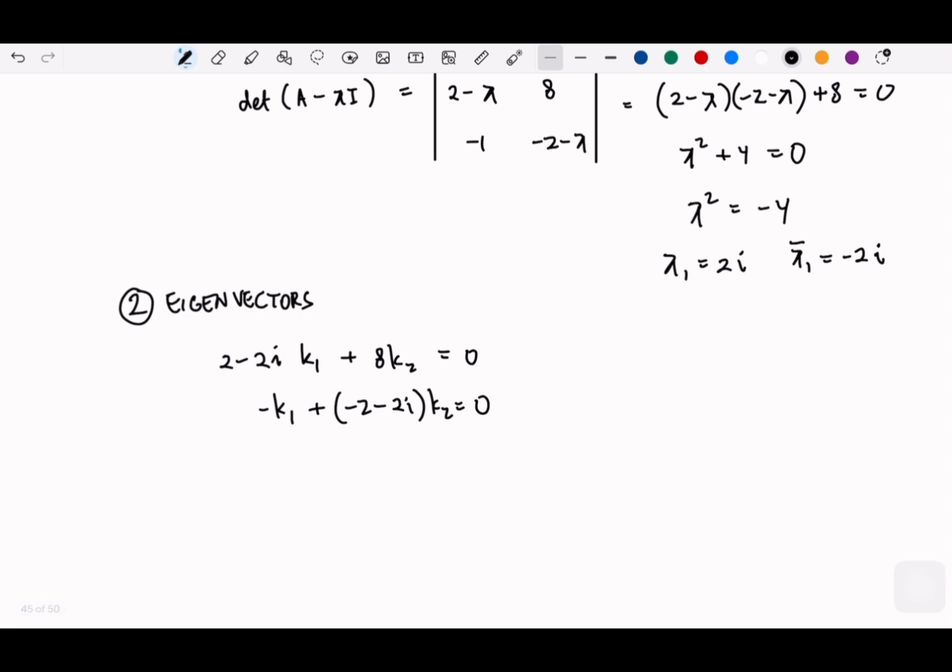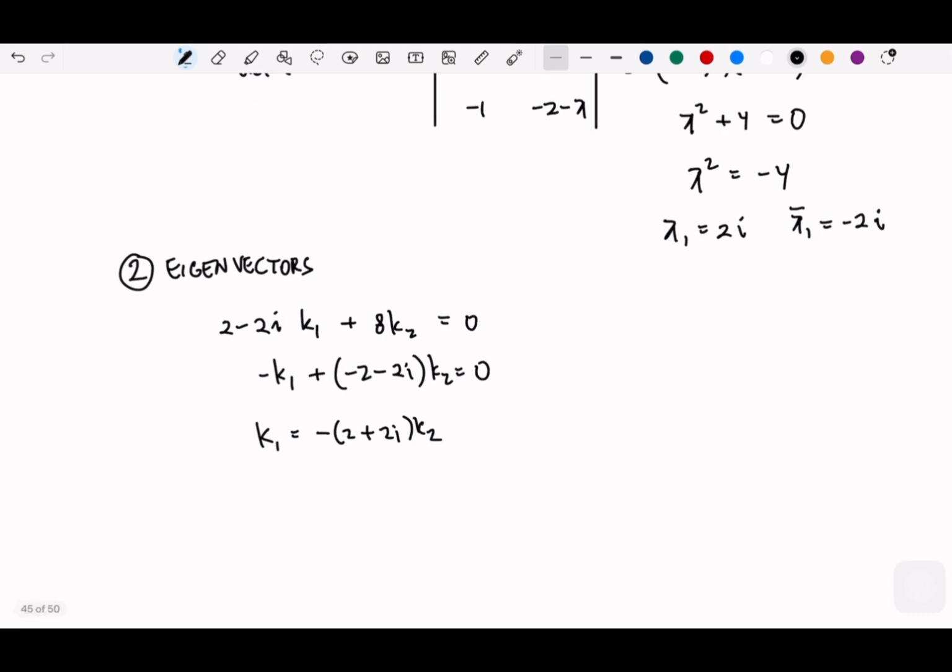All right, now we have k1 is, we can focus on the second equation that we can follow. Negative, so we can take this as -2 plus 2i k2, right?